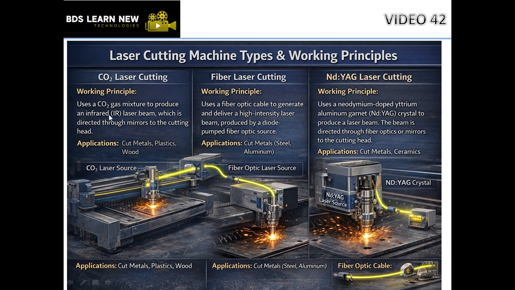It will produce an IR laser beam. So here we are using the mirrors and CO2 gas, and here we are using the diode pumped fiber optic source. And then we have Nd:YAG laser cutting. In this case, what are we using?